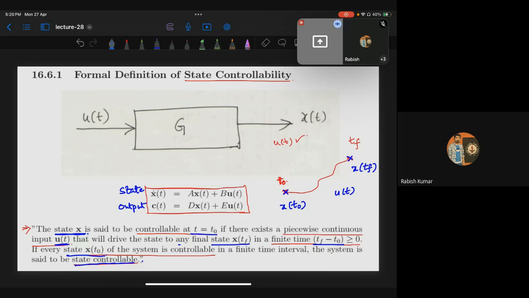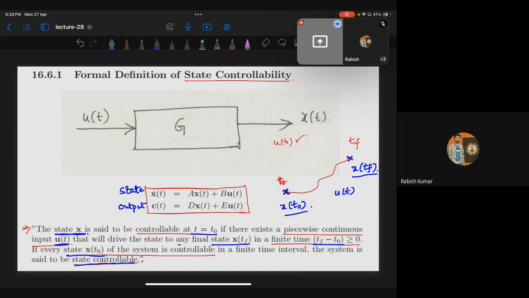State controllability means, let's say your system starts at initial time t naught with state x of t naught. If there exists an input u of t, which is piecewise continuous, which takes the system from x of t naught to x of tf, then we can say that state x is controllable.